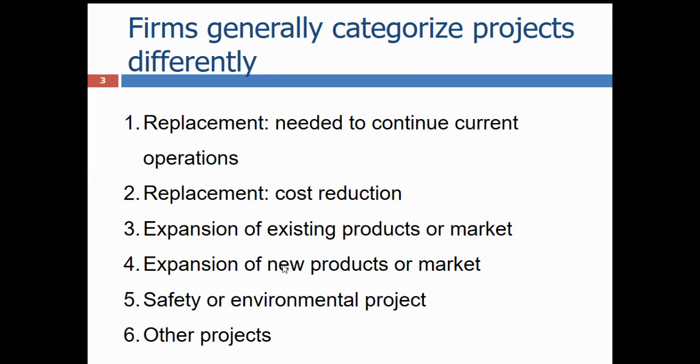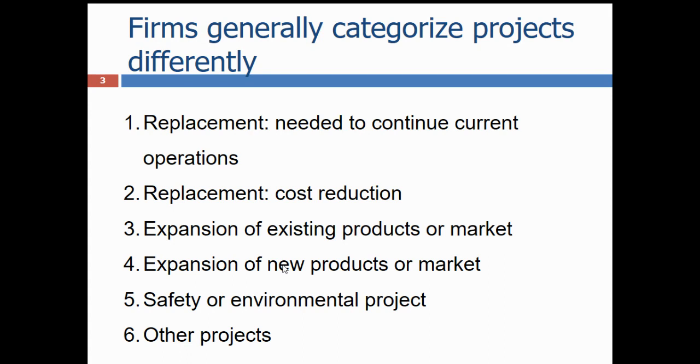Firms generally categorize projects differently. Capital budgeting can be used for different purposes for the company. For example, you have capital budgeting for the purpose of replacement. As you can see, the first and second points are replacement, but for different reasons. The first one is needed to continue the current operation.